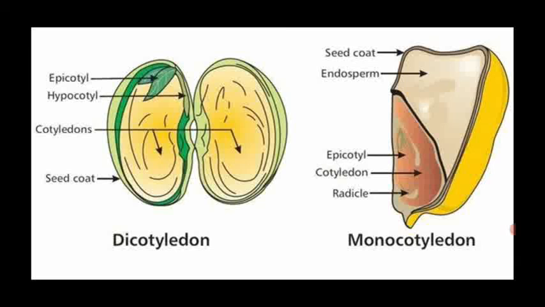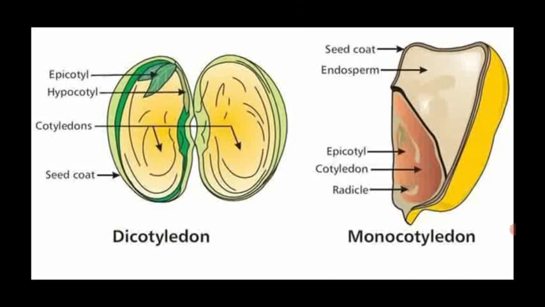Both of them have the embryonal axis. Above the embryonal axis is named as epicotyl. Below the embryonal axis is named as hypocotyl. Epicotyl gives rise to the plumule or shoot system. Hypocotyl gives rise to the radicle or root system.